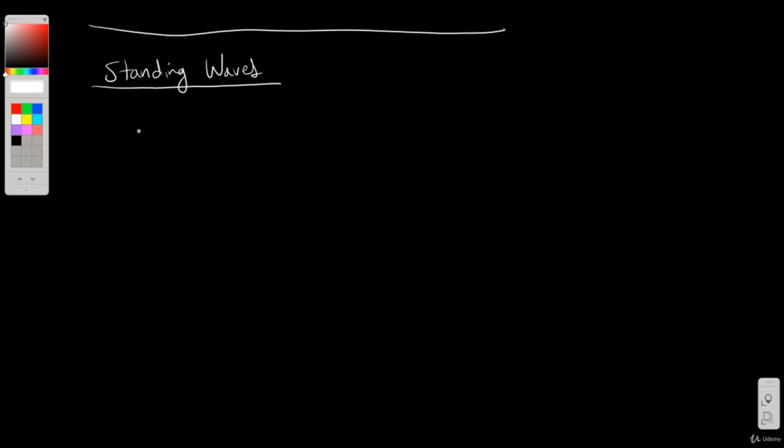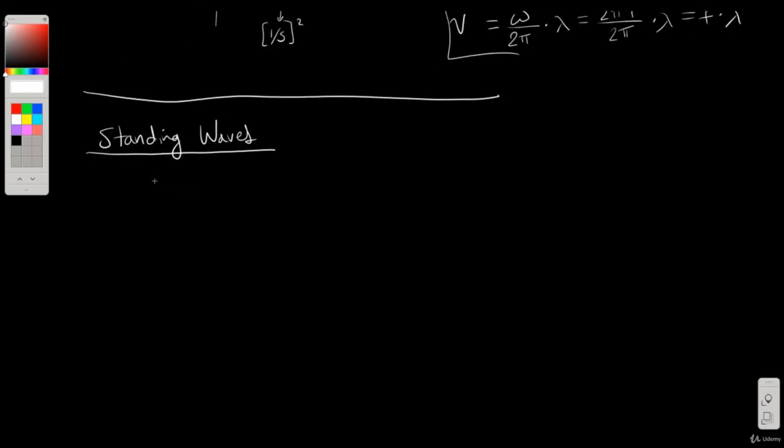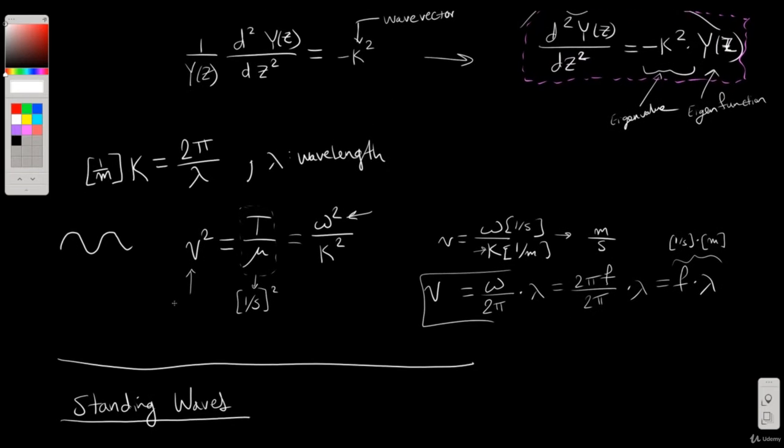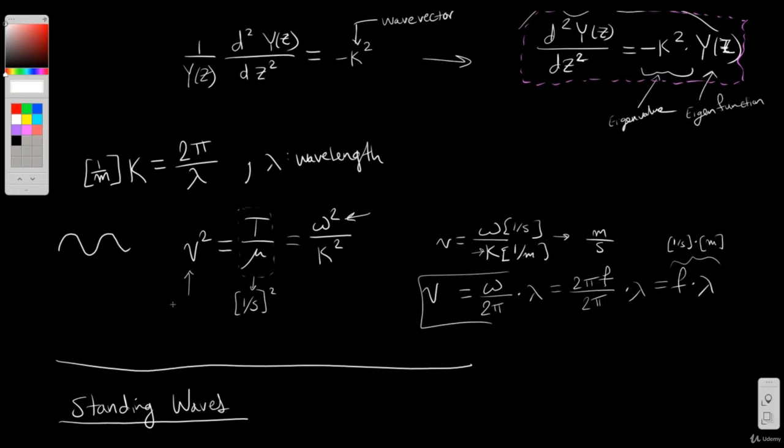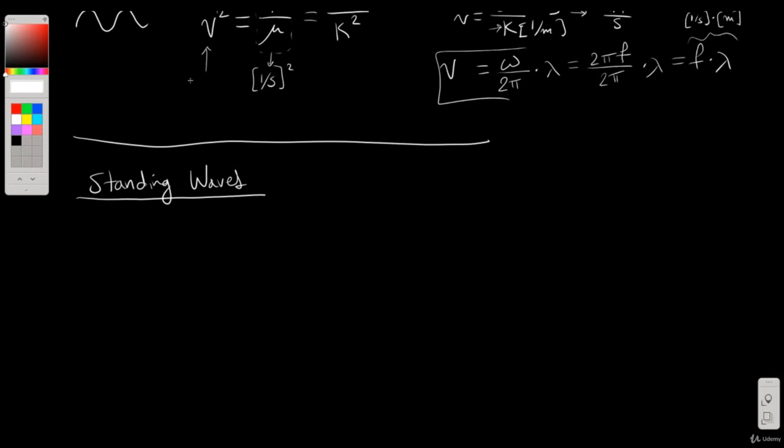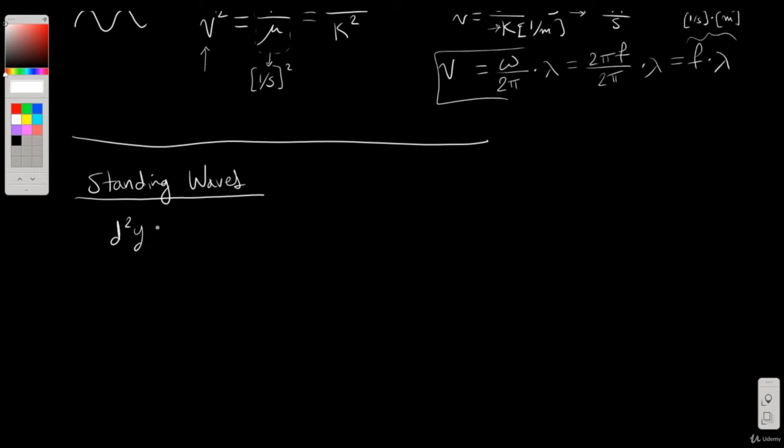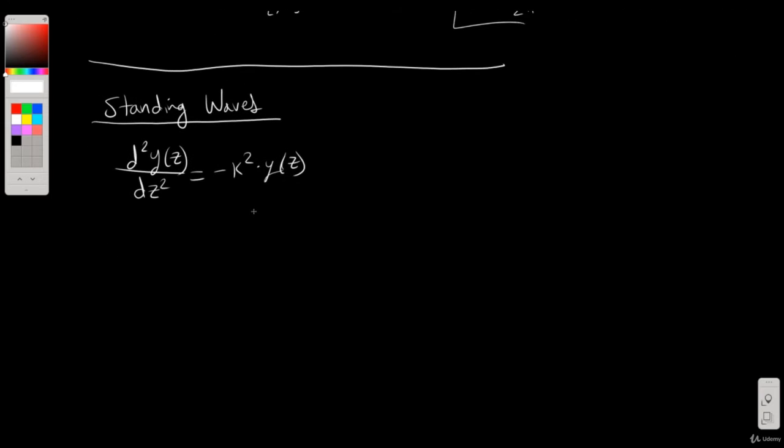So if you recall from the last lecture, I have the notes up here, I have my time-independent form of the wave function. I'm going to write little y instead of capital Y as my function here. And so I have minus k squared times y of z, and here is my standing wave.